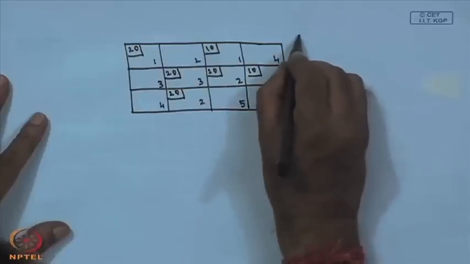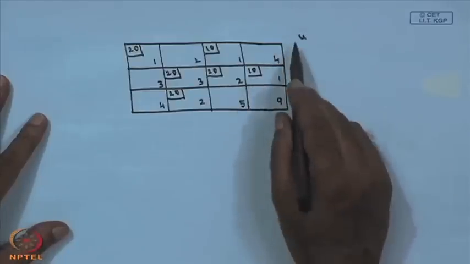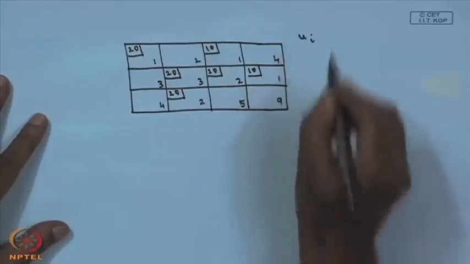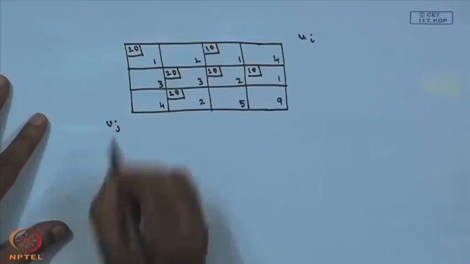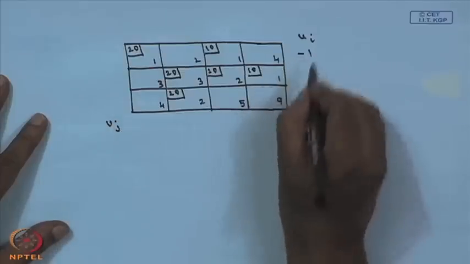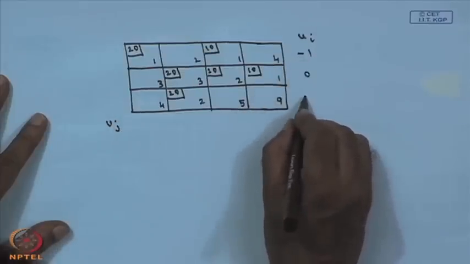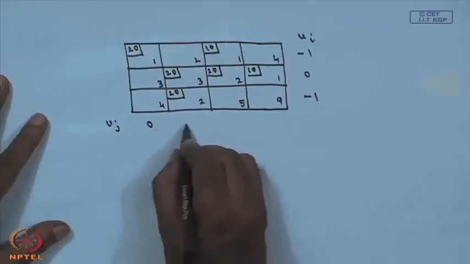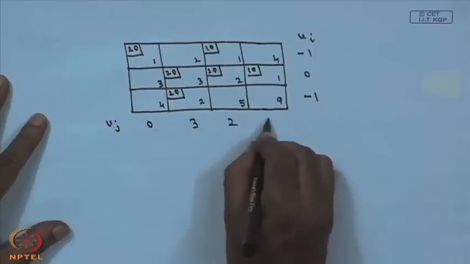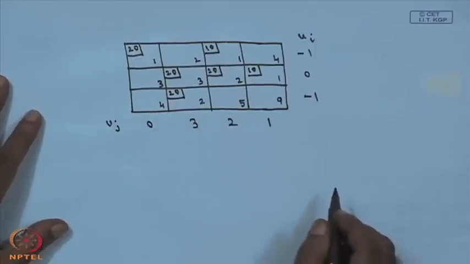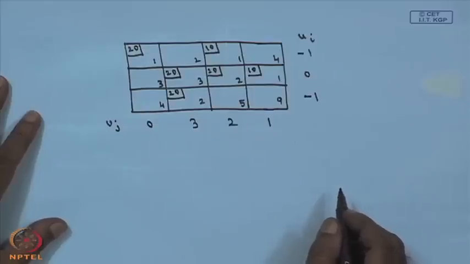I am not writing now the total demand or total availability. Instead of that, I am writing ui and vj. Values are whatever was calculated from there. So, calculated values are 0, 3, 2 and 1. Now, what I have to do?